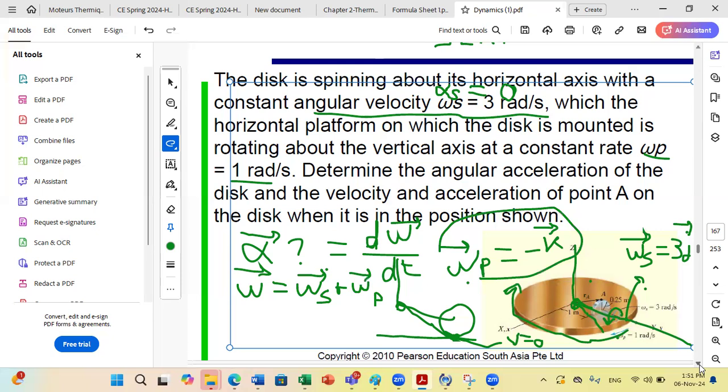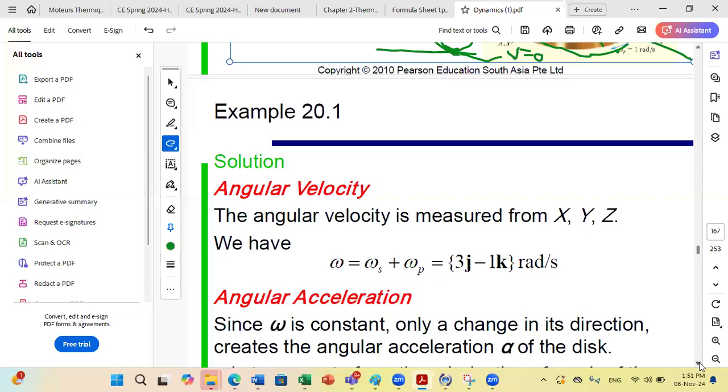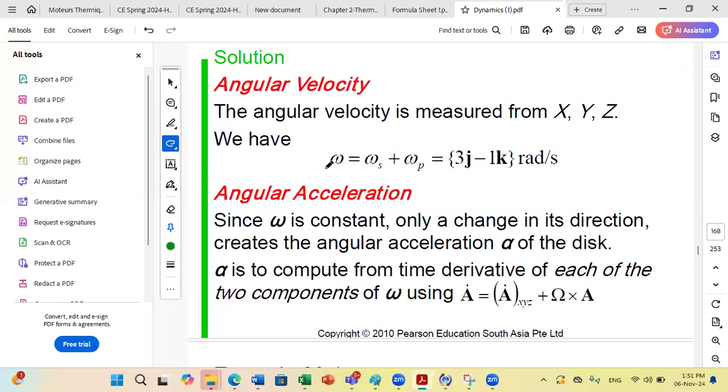I found omega total. Now to find alpha total, which is the angular acceleration, if I write first that omega is omega s plus omega p, alpha total will be equal to the derivative of omega s with respect to time, plus the derivative of omega p with respect to time.